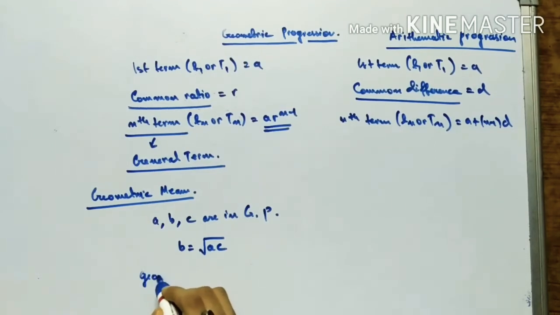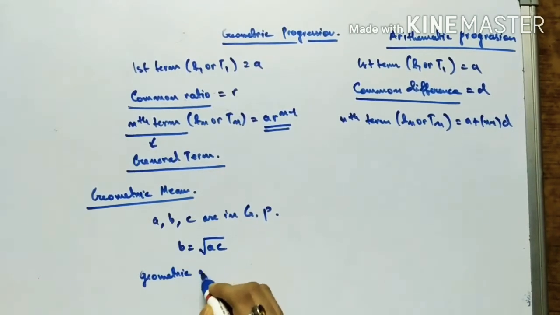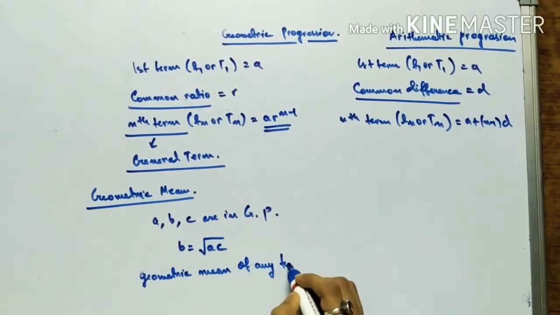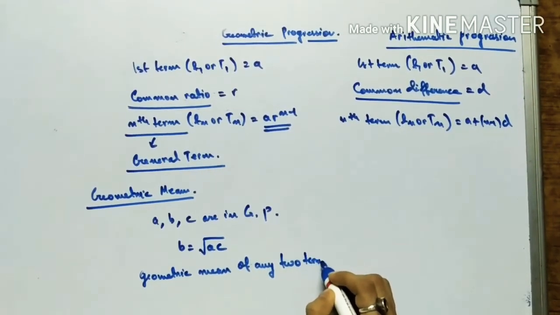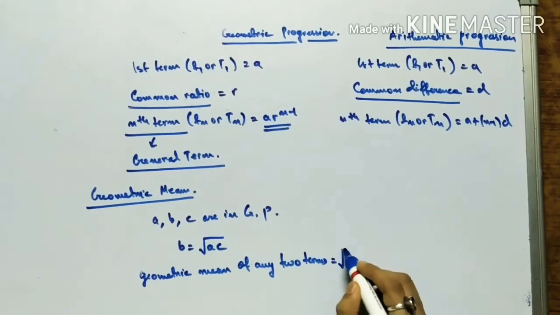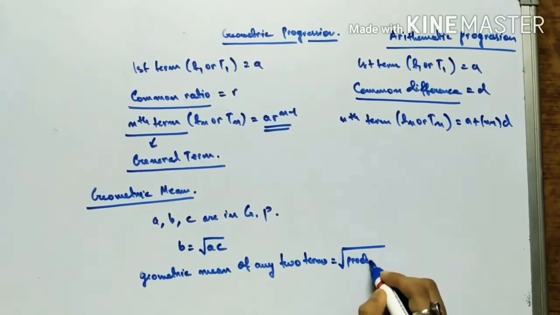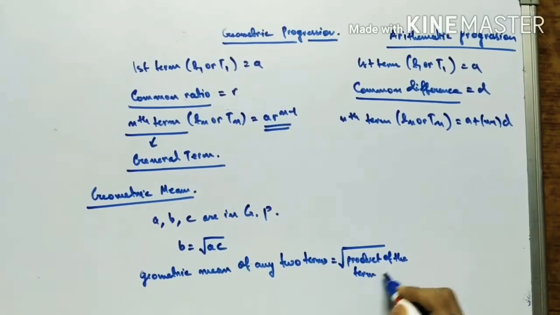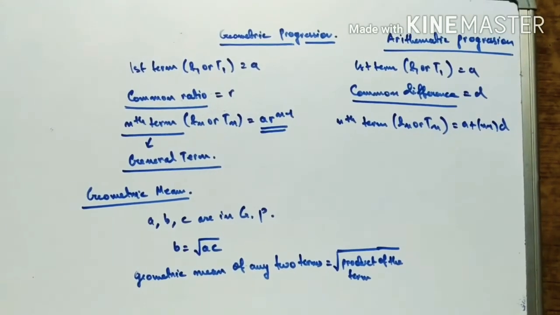That is, the geometric mean of any two terms is equal to root over the product of the terms.